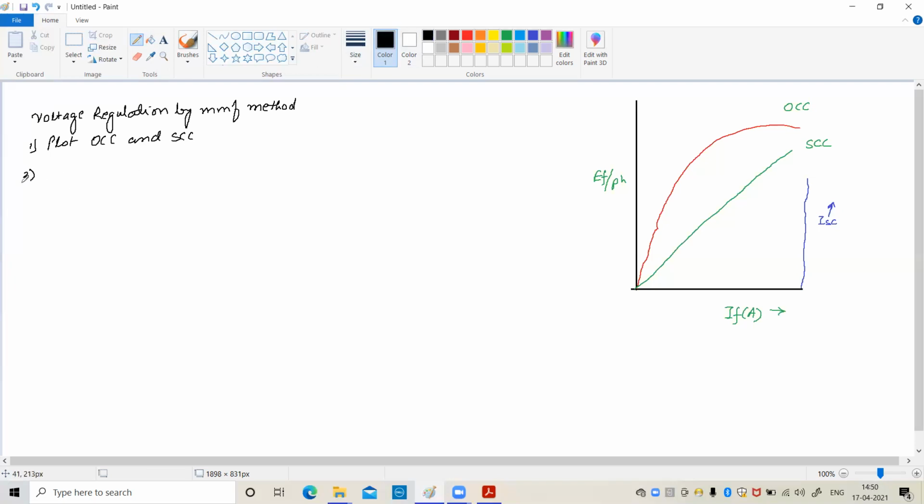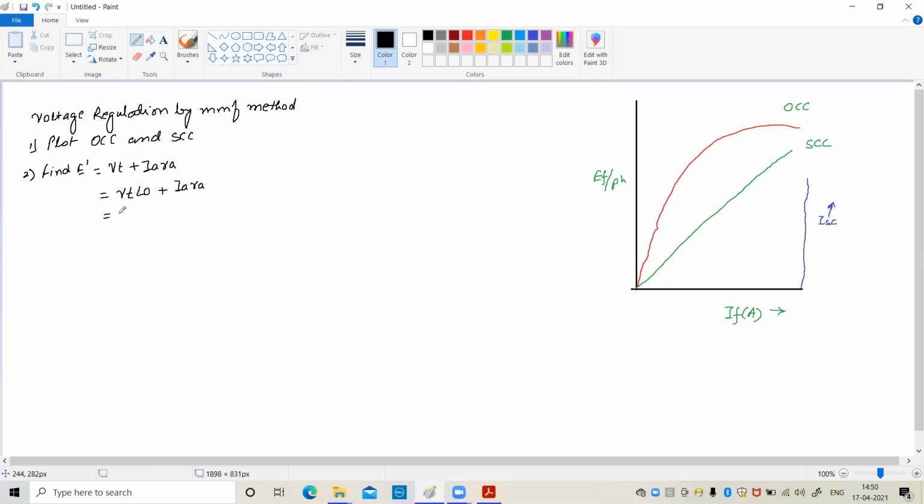Second point, find E dash. Find E dash, which is equal to VT plus IA RA. It can be written with voltage as a reference quantity. So VT at an angle of 0 plus IA into RA.